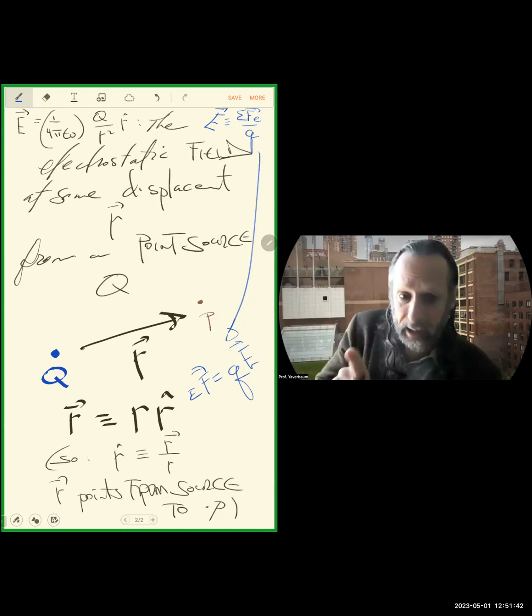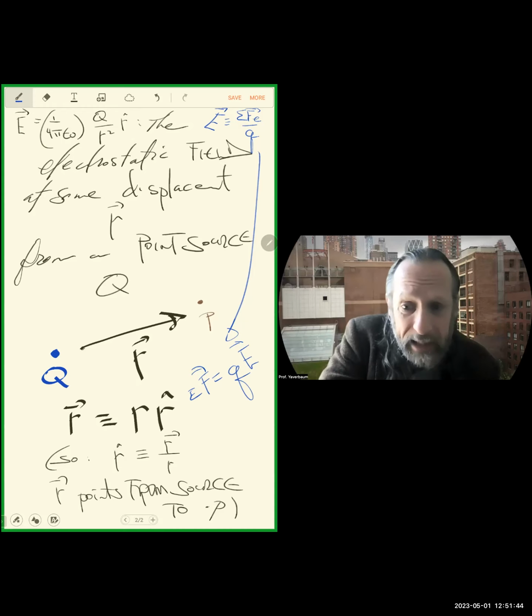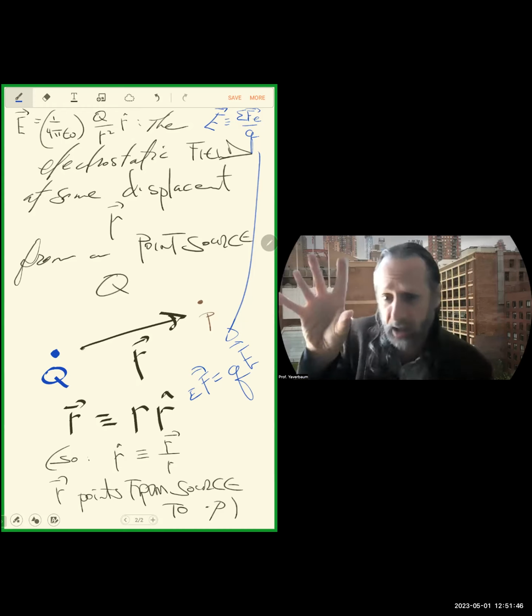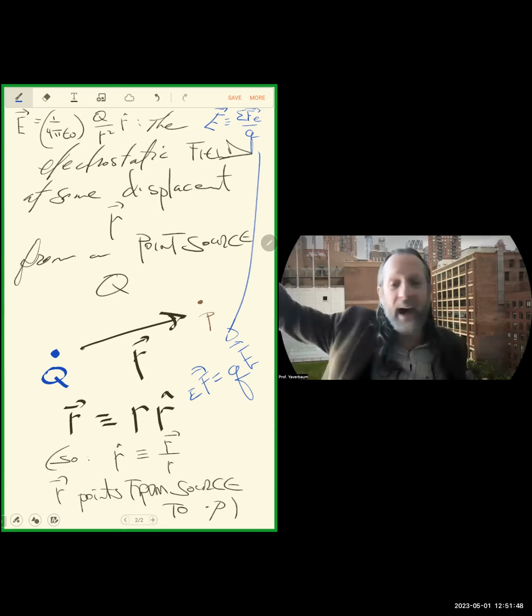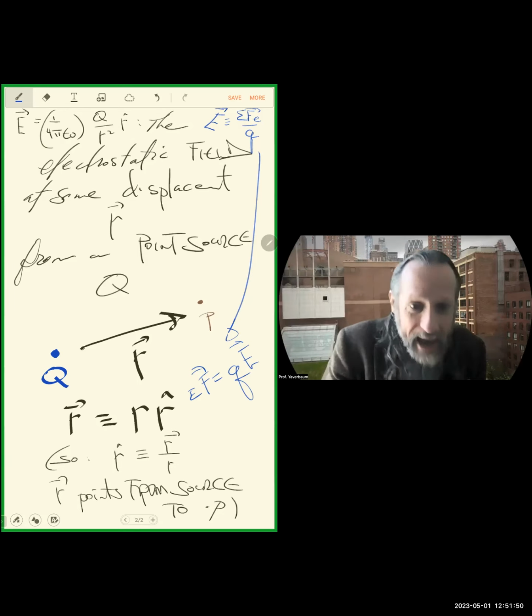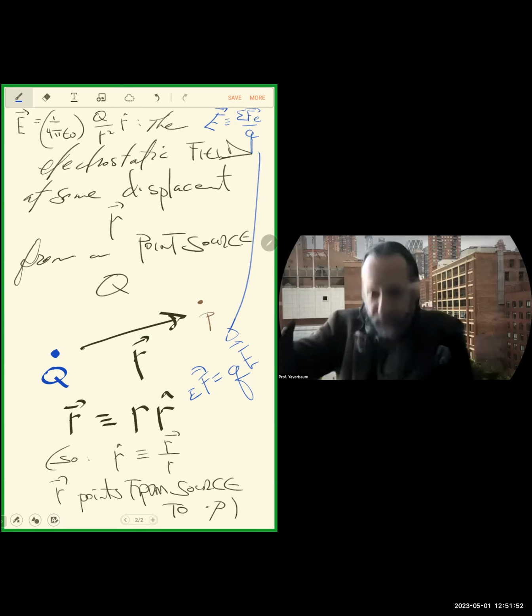The whole idea, and we're going to see in a moment, is that if Q is a charge in the universe, it's putting vectors everywhere. It's creating a field everywhere.